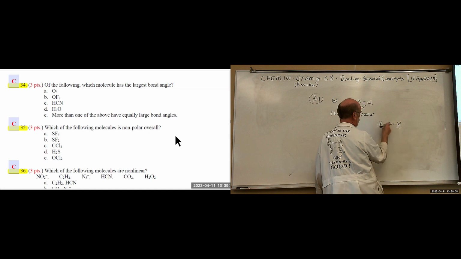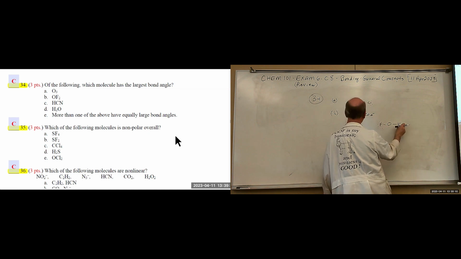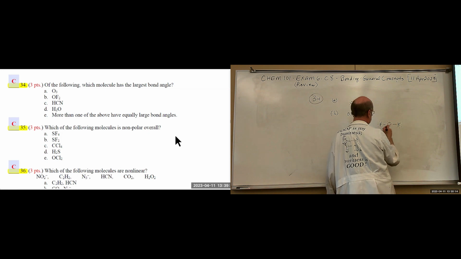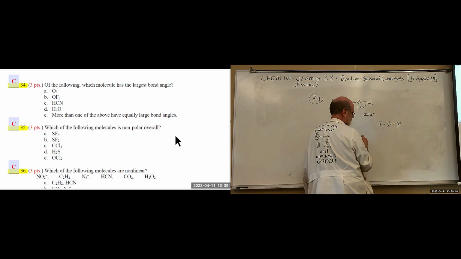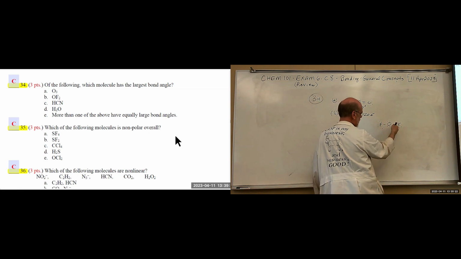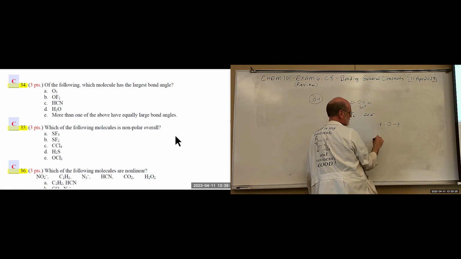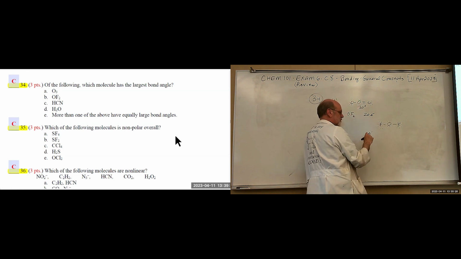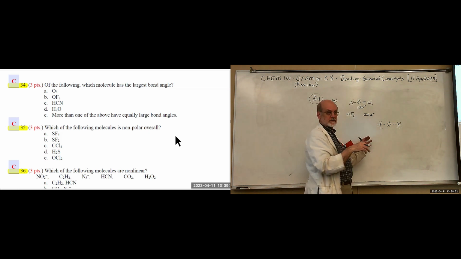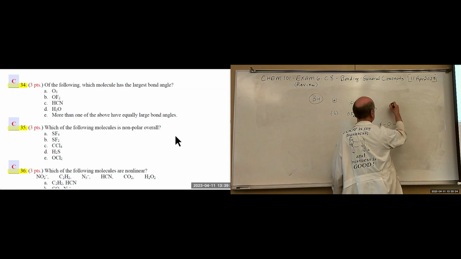So that would be 2, 4, 6, 8, 10, 12, 14, 16, 18, 20. All right, so everybody's got an octet. That means that this one is tetrahedral, and if we cover up the electrons, we get the same situation as with water. We get a bent molecule.